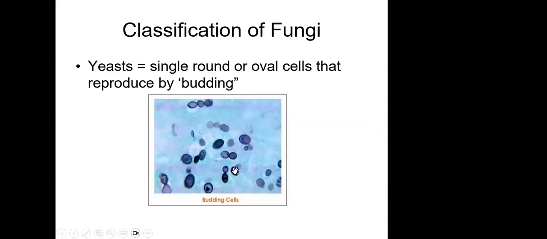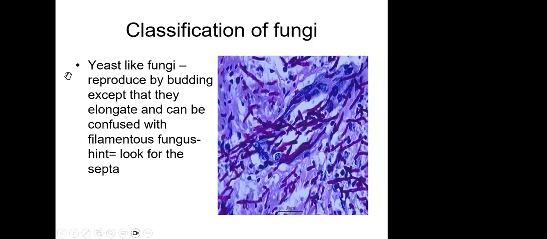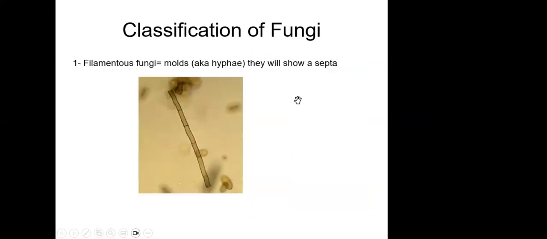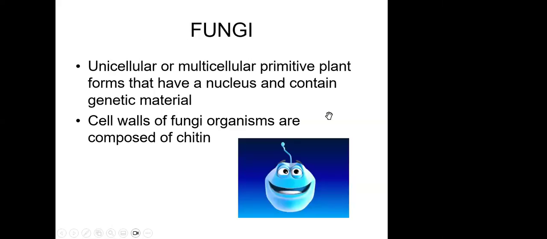They don't pop apart. That's why they call them yeast-like. These do not have septa. That's how you can determine whether it's a yeast-like fungus or a filamentous fungus, because your yeast-like fungus will not have these little septa.